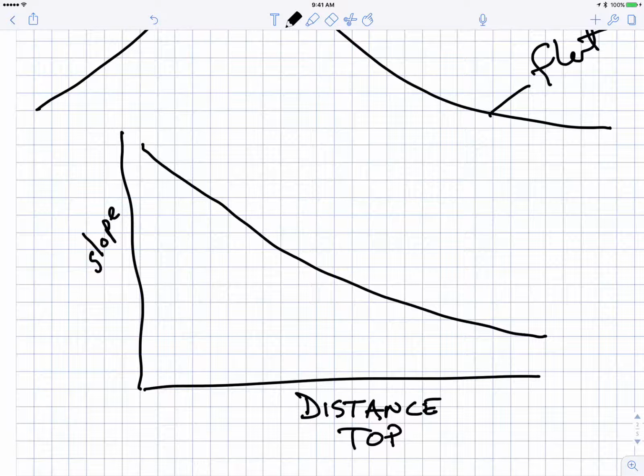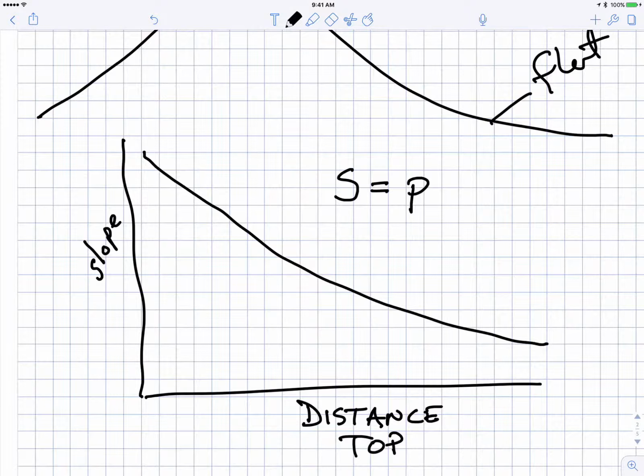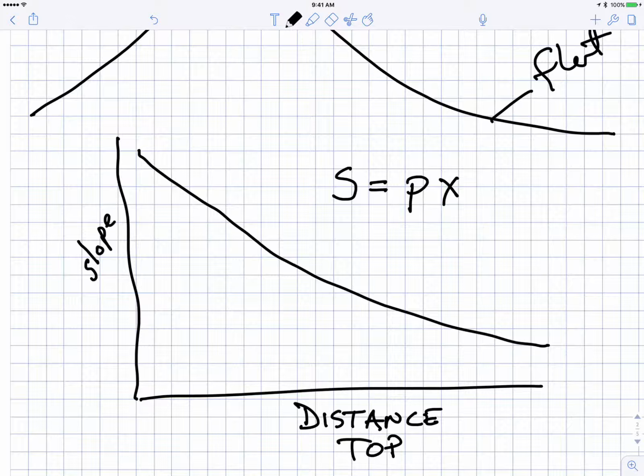And so the question is, can we use this characteristic shape that most volcanoes have to make solving for the Lahar behavior a little easier? In fact, people have come up with a way to do that. The equation they've used says that the slope is equal to a constant p times the distance down the volcano raised to the power minus r.